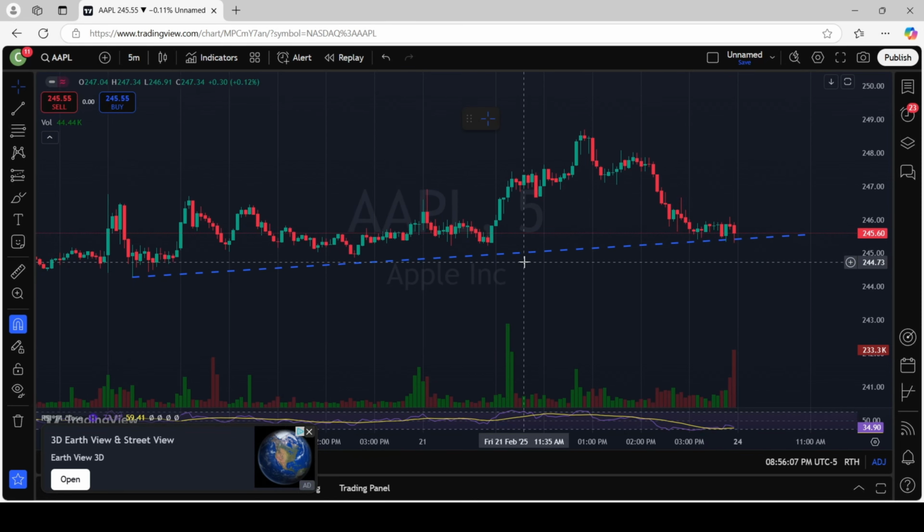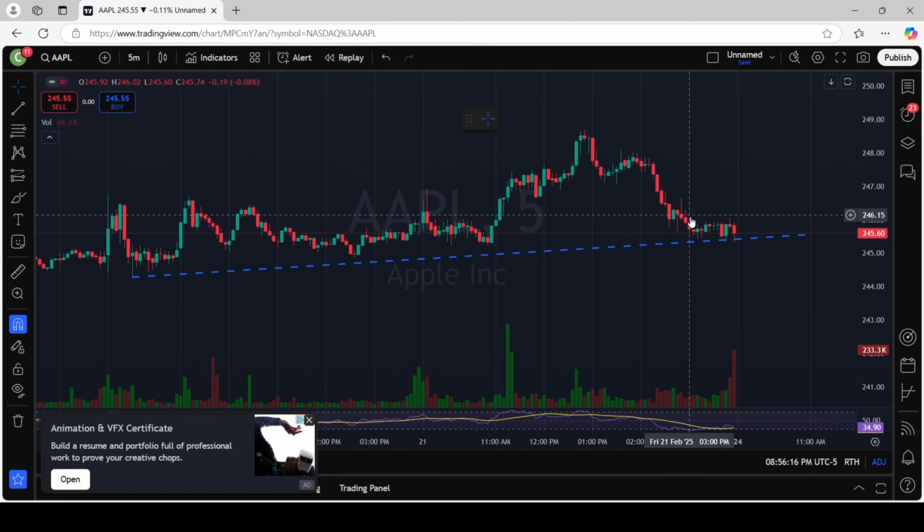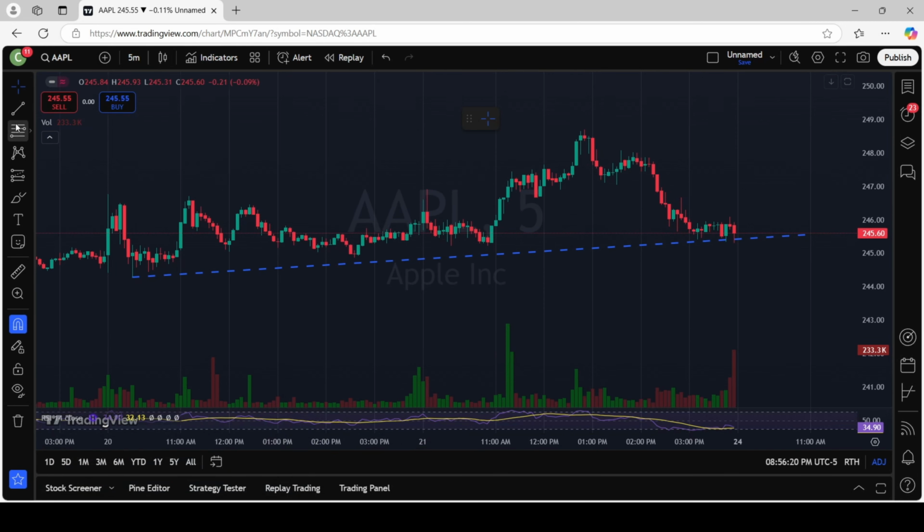For example, with this trend line slash support level, every time Apple comes to this trend line, it bounces up. That means it's a support level. Same thing for resistance. You guys want to write this down: you have a support level and you have a resistance level.